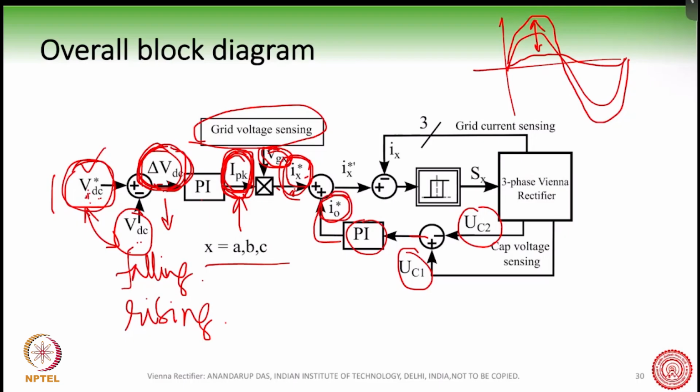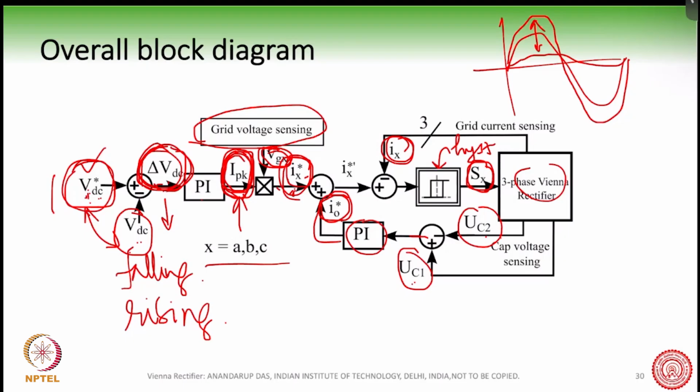To this, we will add the I0 star, which is coming from the capacitor, and then the actual currents are sensed, and this is the hysteresis controller, which will give the pulses to the four-quadrant switch MOSFETs. And we will have this in the rectifier. So this is a pretty simple and quite effective way of controlling the Vienna rectifier.